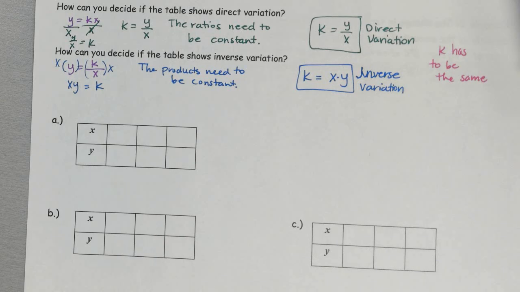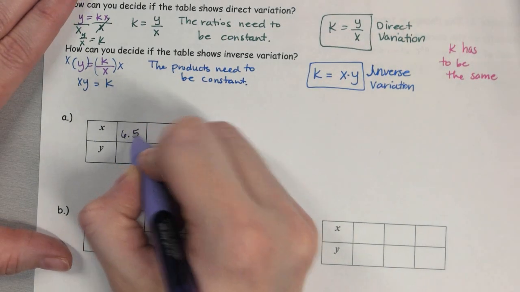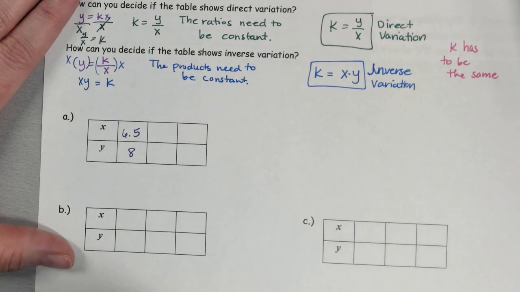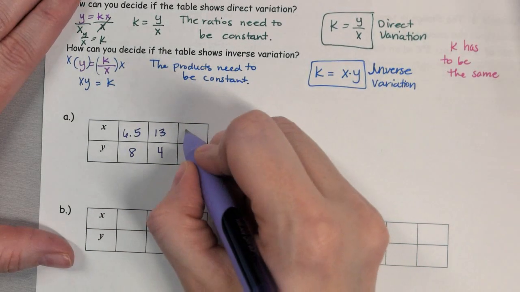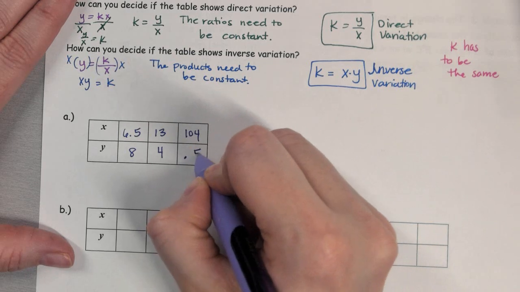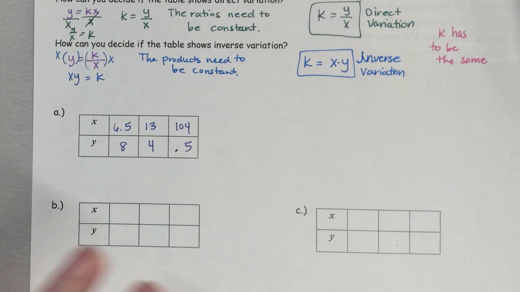Okay, so for A, I'm going to give you the values, and then we're going to do our checks. All right, so we have 6.5, 8, 4, 13, 104, and 0.5. Now it doesn't matter which one you check first.